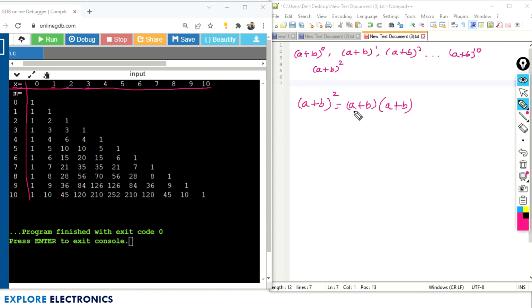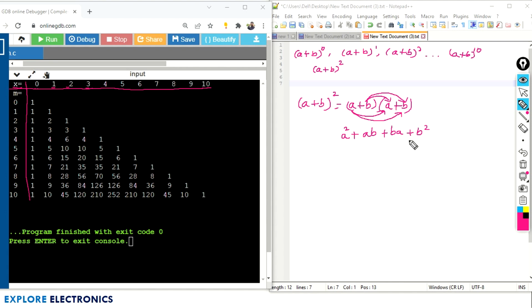We can multiply a with a and a with b. These are two possible combinations. And again we need to multiply b with a and b with b. So a into a will give us a square, plus a into b will give us ab. Now again b into a will give us ba, and b into b will give us b square.